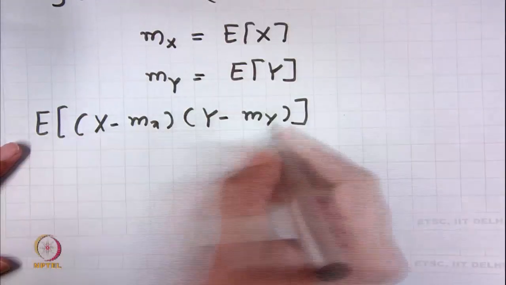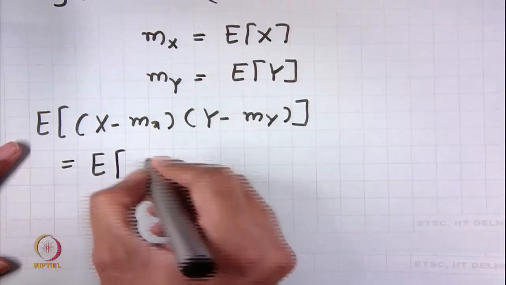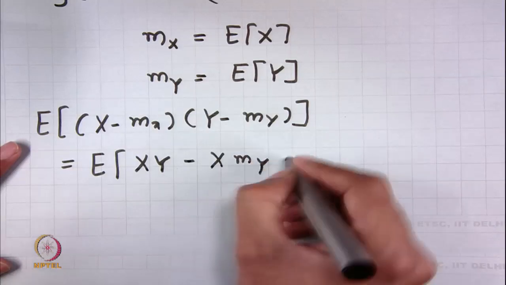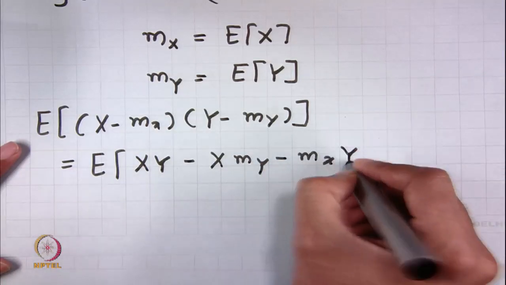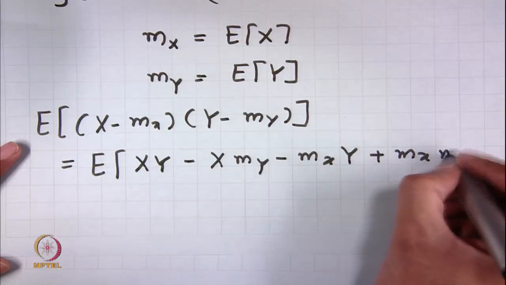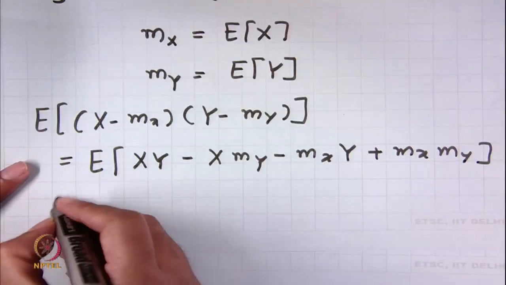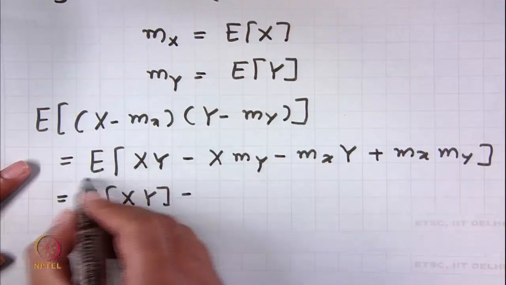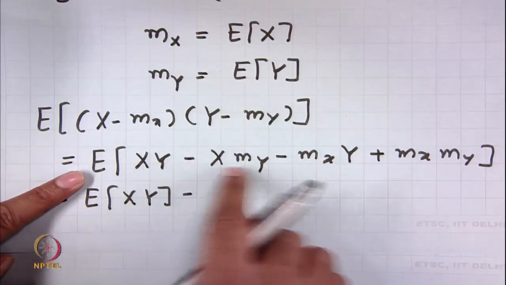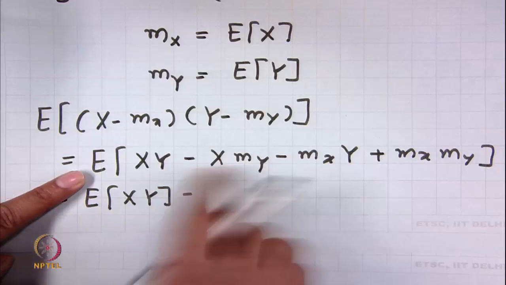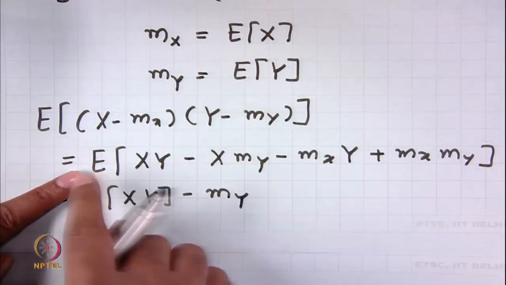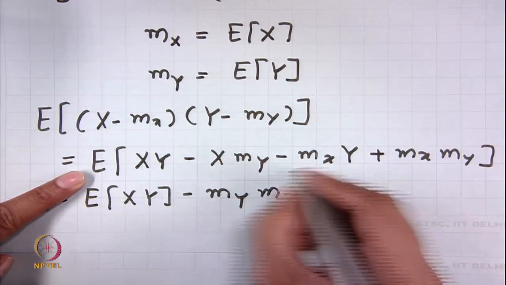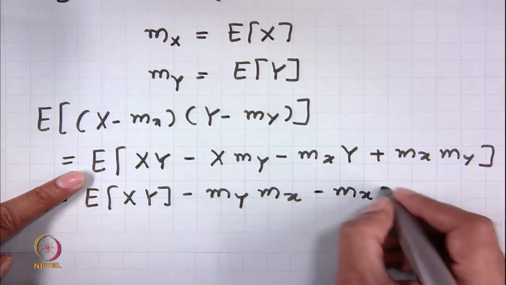and because expectation is a linear operation, as I have already said, I can write this as, and we can pull this expectation operation inside. my is a constant, so my would be pulled out. What we will have is the expected value of x, which is mx. Similarly, here you will have mx times my.